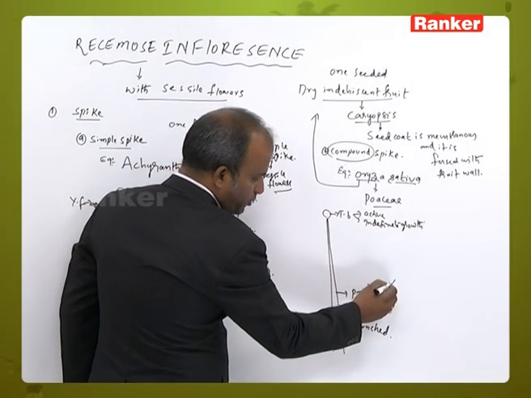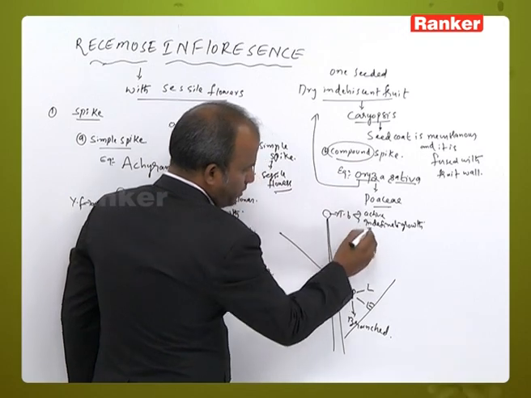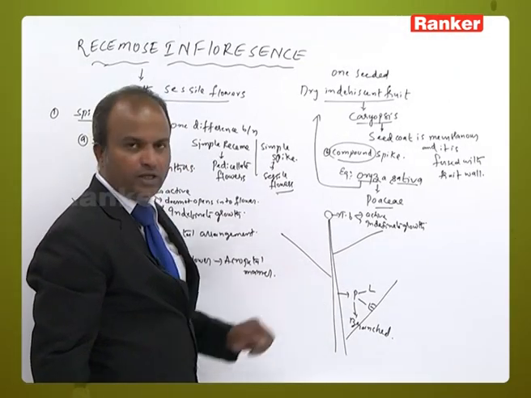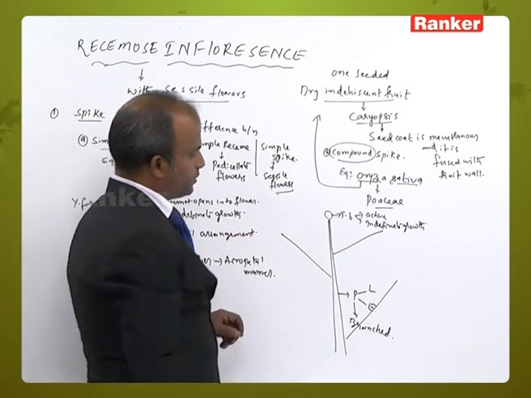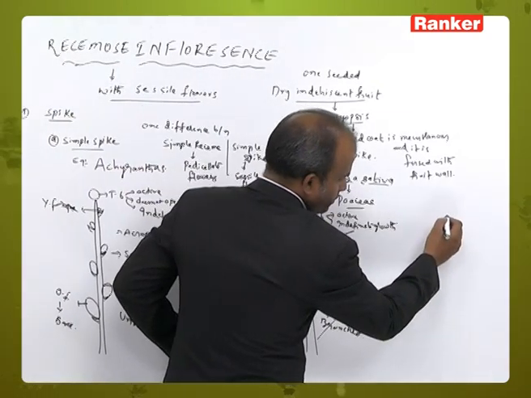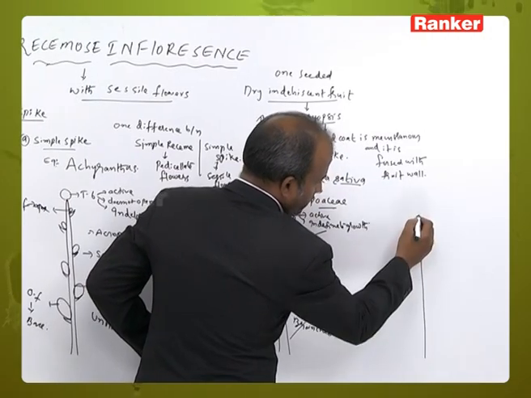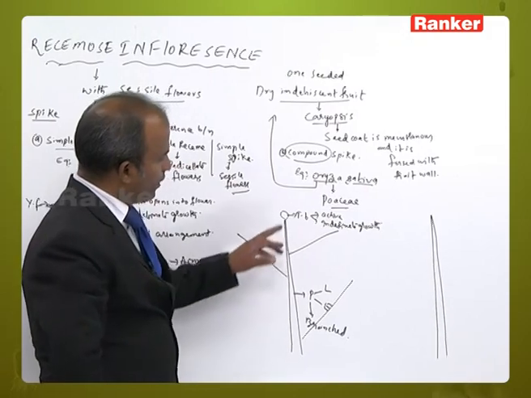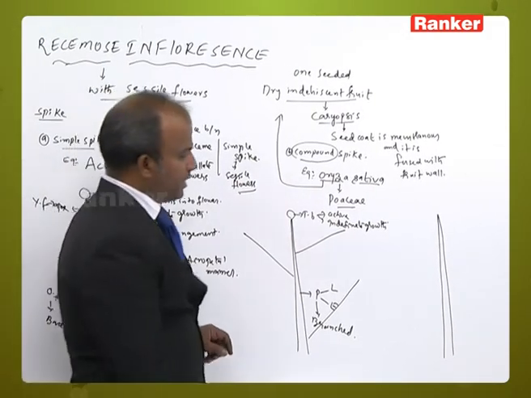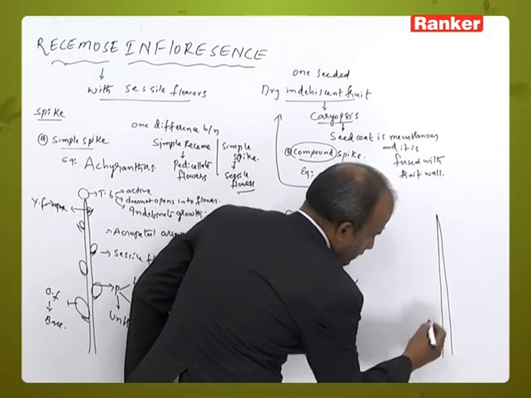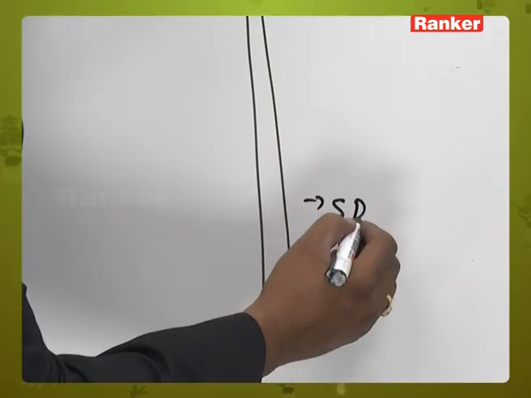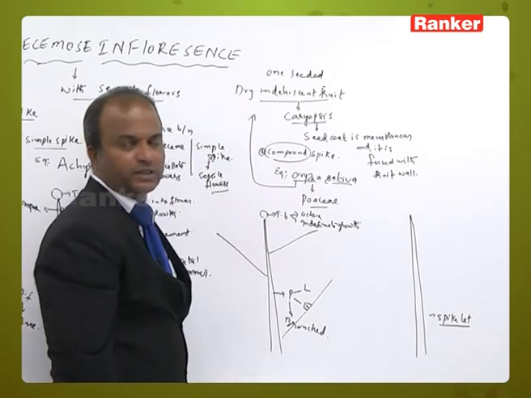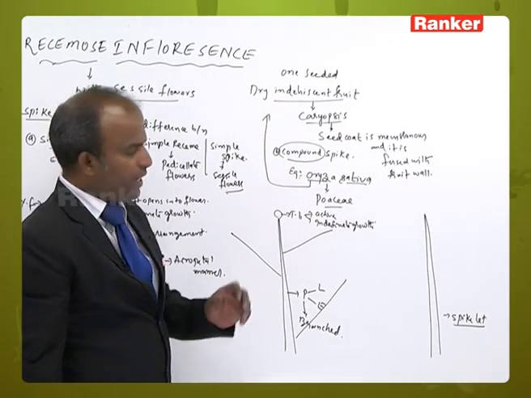On this peduncle, numerous branches are developing. Each branch of the compound spike is called a spikelet.